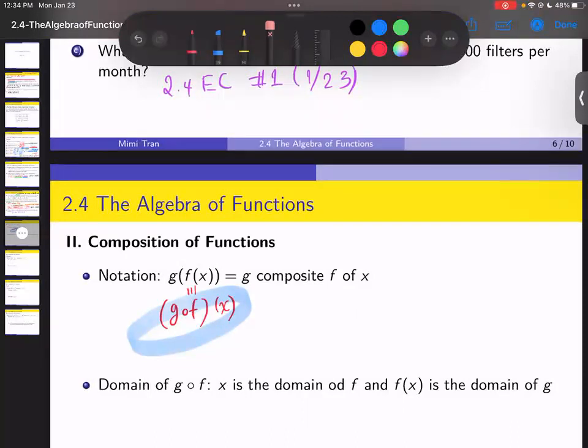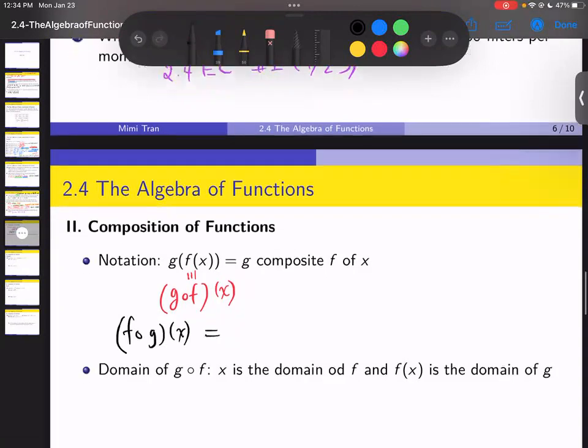So that means G of F of X. If I write it like this, then what does that mean? F comes first, right? F is the outside function, G the inside function. So F comes first, and then inside would be G. So on the exam, that's how I write it.